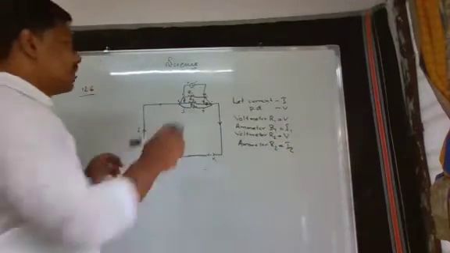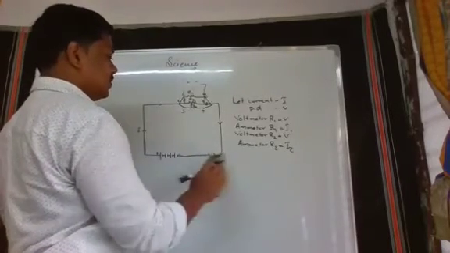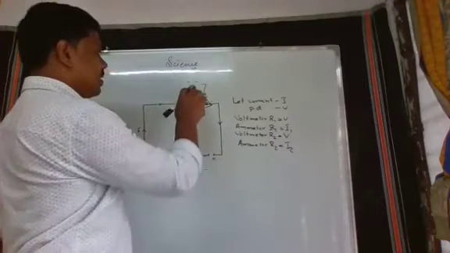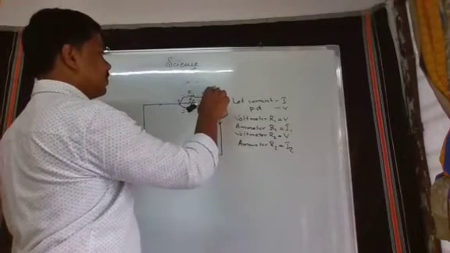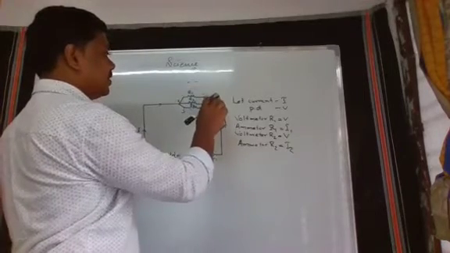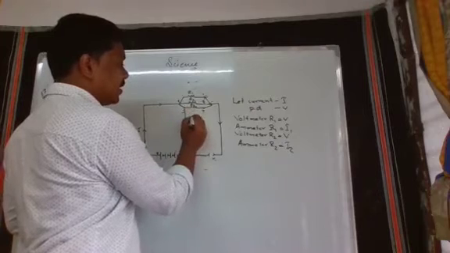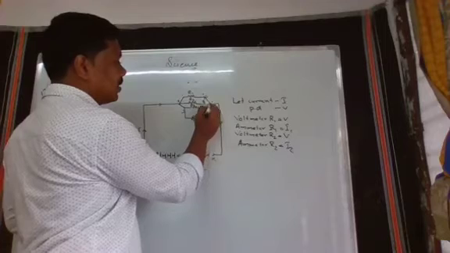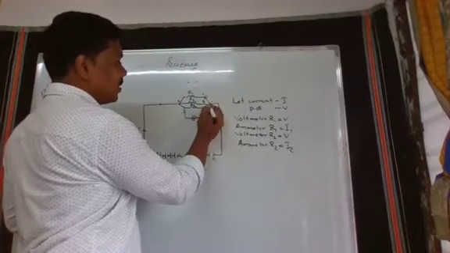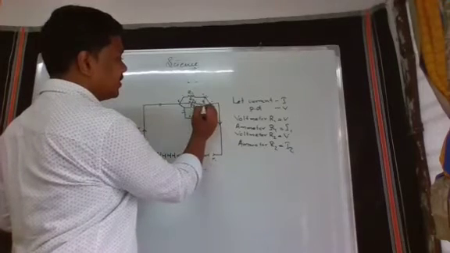Similarly, I am turning off the plug key and I am changing the position of the voltmeter and ammeter. Voltmeter I am connecting here and ammeter I am connecting here, and I am checking the current and potential difference.